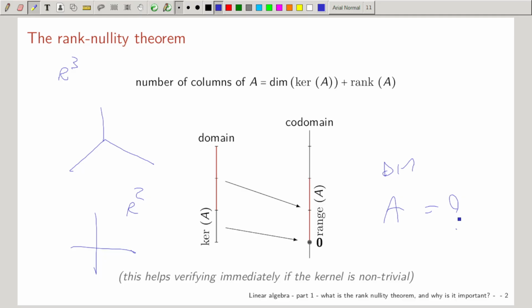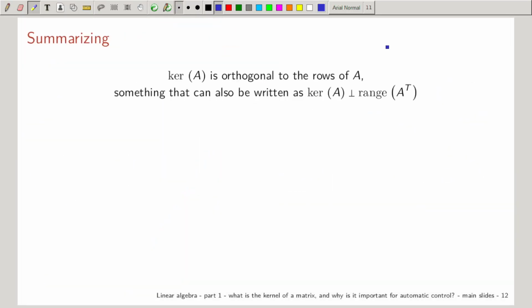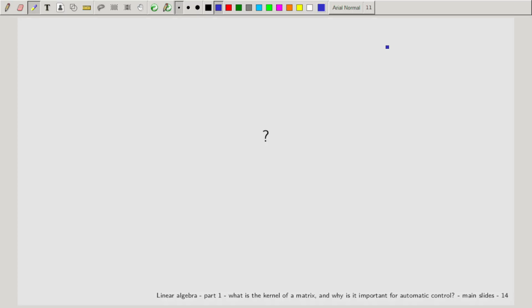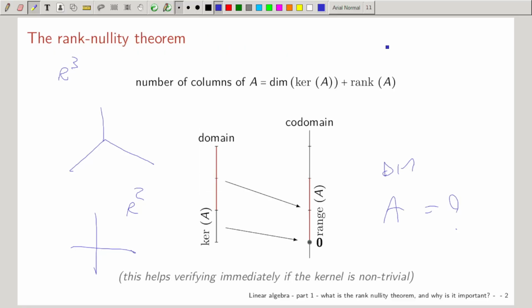The kernel is the set of points in the domain that go mapped into the origin of the codomain. Watch out, if this is not clear, you will have to recheck the stuff that we did yesterday. This has to be clear, otherwise this theorem, which is based on the rank and on the kernel, is not going to be clear.